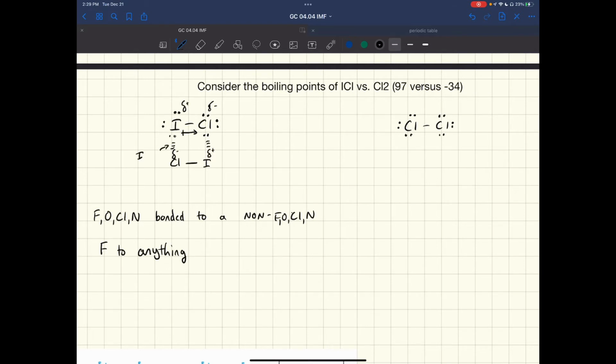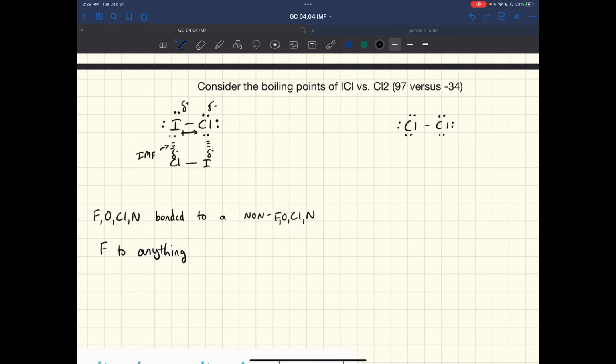Okay, this is an IMF, right? It's an intermolecular interaction. It's an interaction between two molecules of the same compound. We're going to do the same compound this year. Maybe in future classes you'll get into between different compounds, but right now we're going to stick with same compounds.